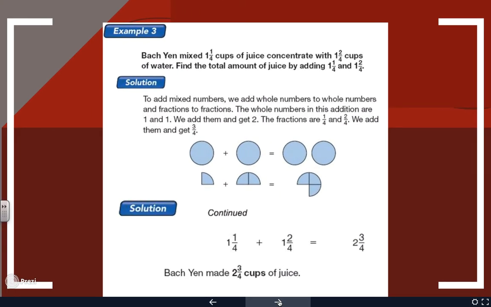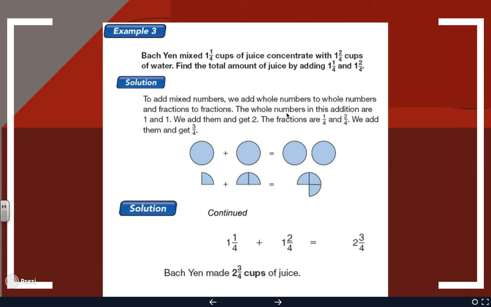All right, example number 3. Bak Yen mixed 1 and 1/4 cup of juice concentrate with 1 2/4 cups of water. Find the total amount of juice by adding 1 and 1/4 and 1 2/4. Okay, so to add mixed numbers, we add whole numbers to whole numbers and fractions to fractions.